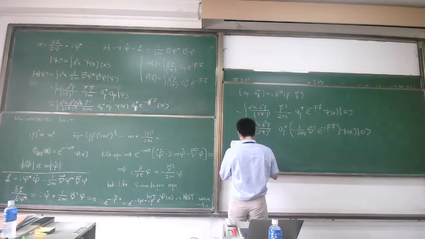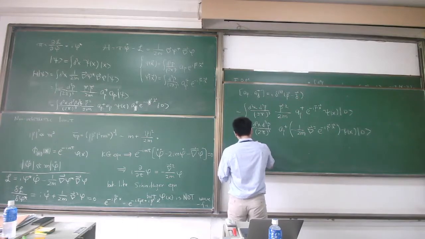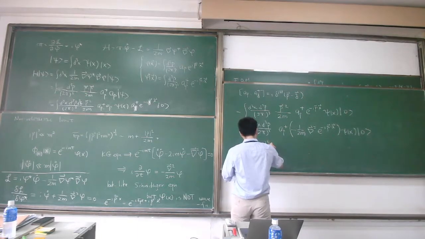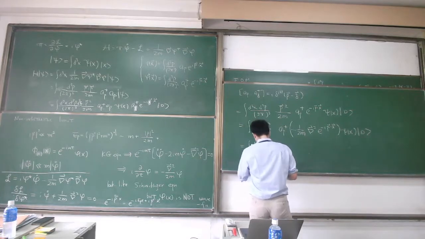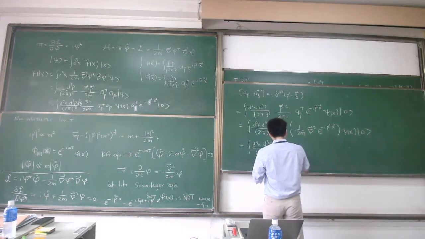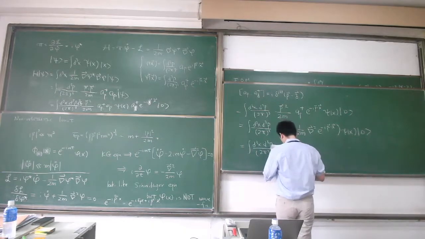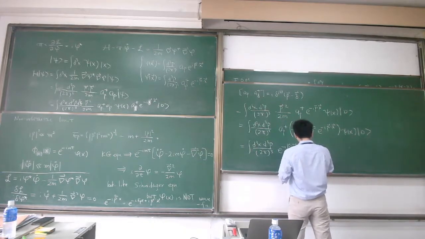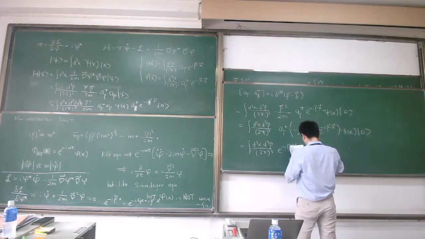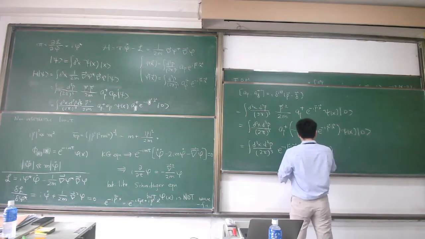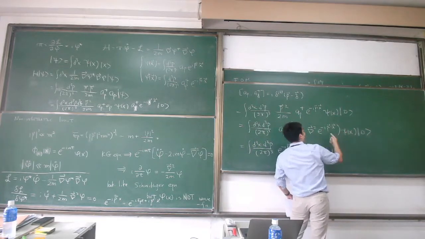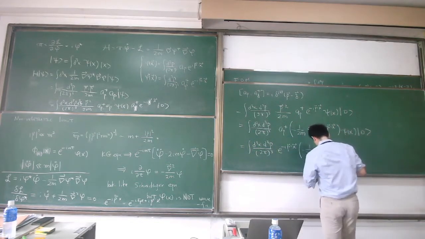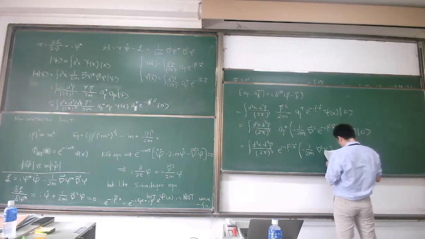What we have is the dq, dp over 2 pi, e to the minus i p dot x, minus over 2m nabla squared psi. So now just do the integral parts; this nabla, sorry, not delta, nabla acts on psi twice.